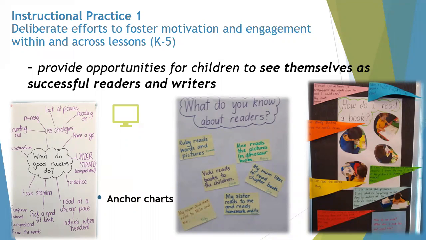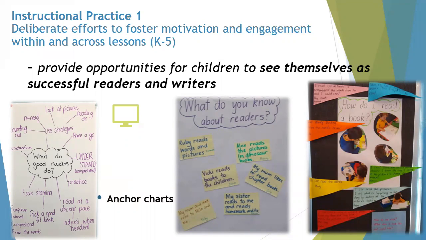While we can buy books on motivation and engagement, these practices summarise into 5 key ideas under this big essential instructional practice 1 that research supports as contributing to motivation and engagement in literacy learning.